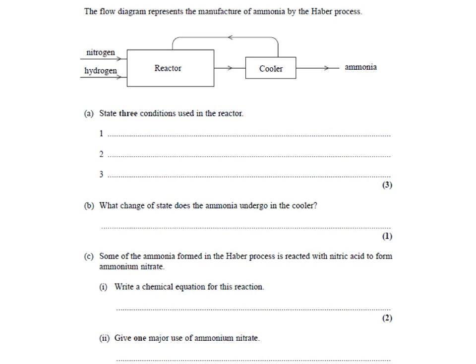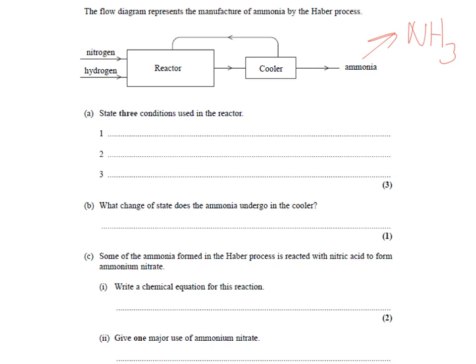So this first question is clearly on the Haber process, which is a process obviously used to make ammonia, and you should obviously know that ammonia has the formula NH3. Now this is a question that goes back all the way to 2010, and it's asked for three conditions used in the reactor.